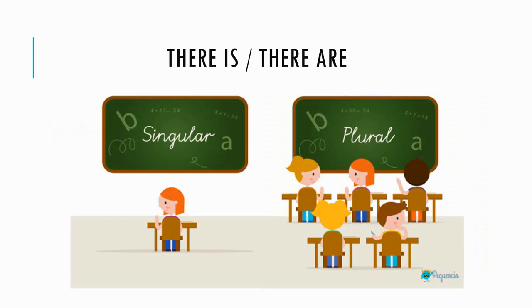We have to remember first the difference between singular and plural, right? Singular, 1. Plural, 2, 3, 4, or more.